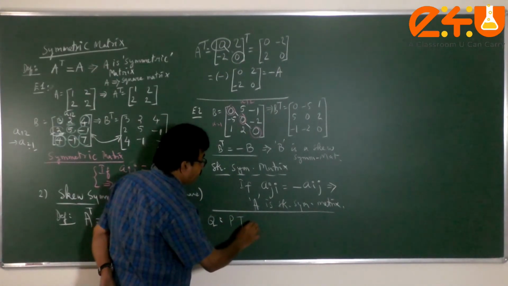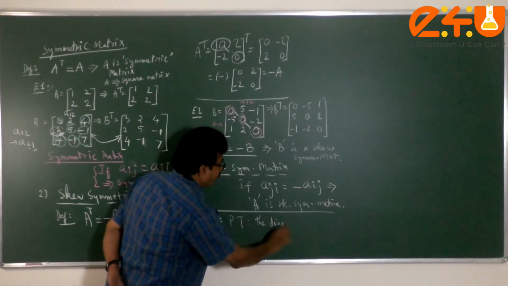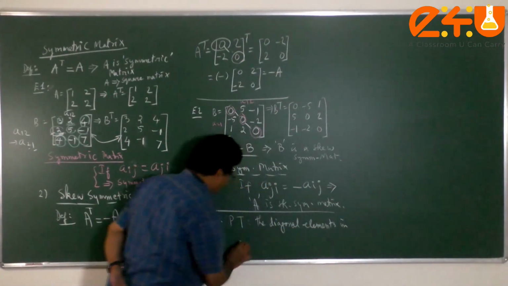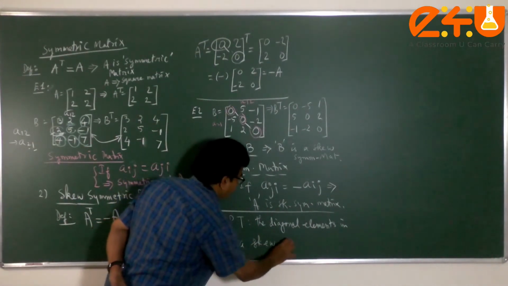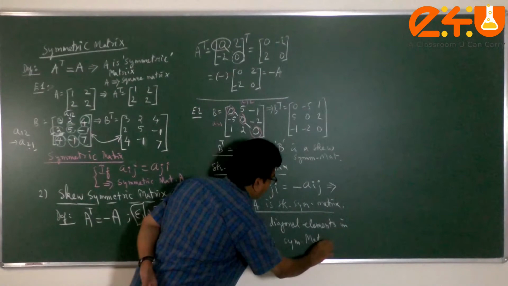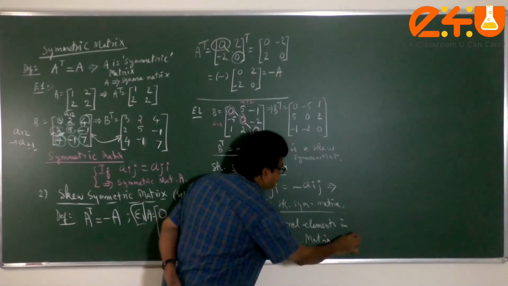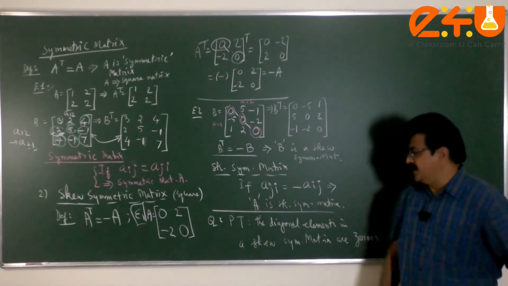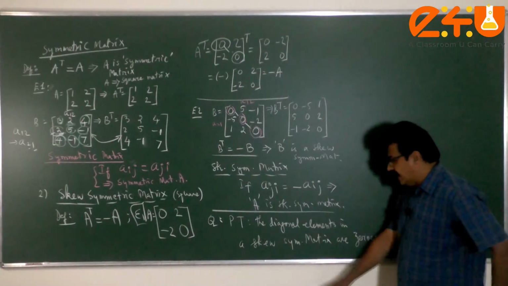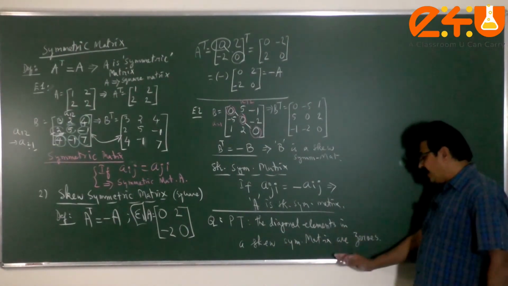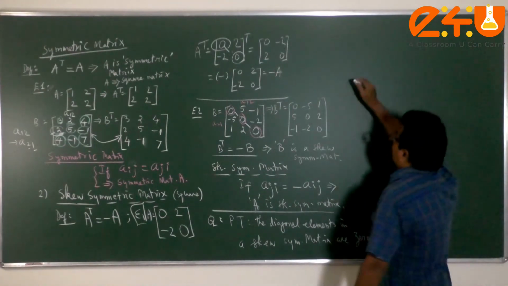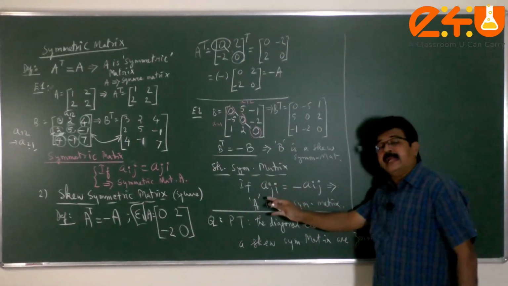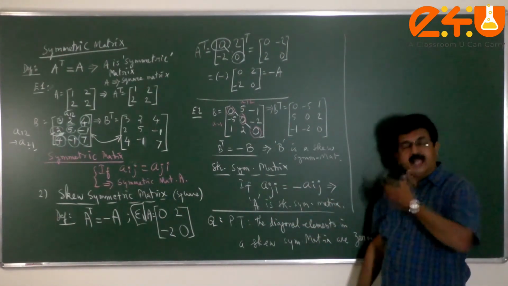Prove that the diagonal elements in a skew symmetric matrix are zeros. Well, we know very well, go for the alternative definition: Aji is equal to negative of Aij.